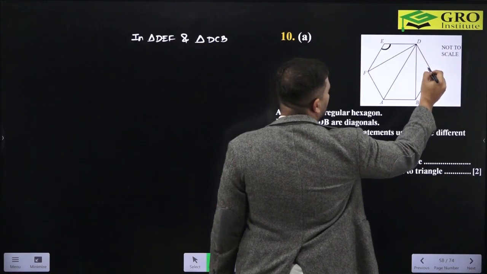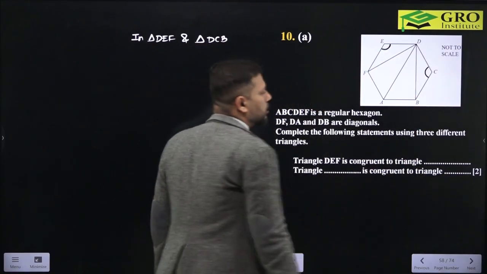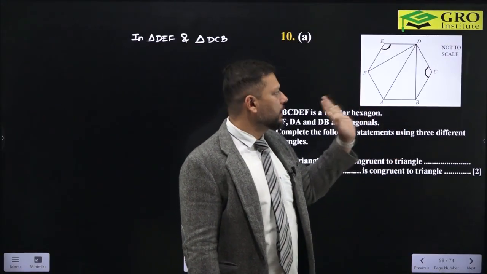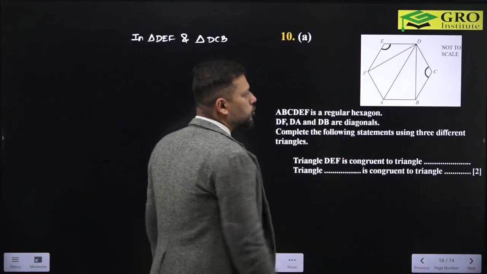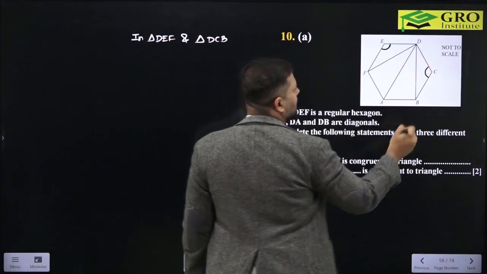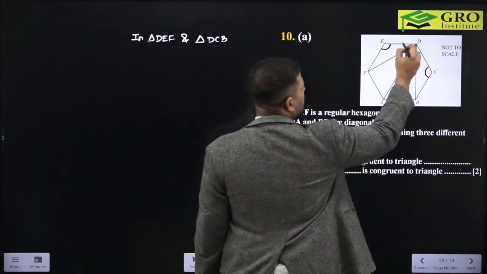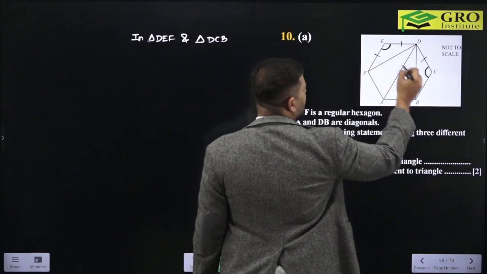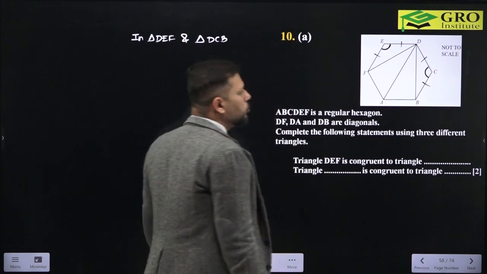That means this angle is definitely equal to this one, isn't it? We know that the regular hexagon will have all the interior angles equal to each other. So angle DEF is definitely equal to angle DCB, and also this side DE is equal to DC, while EF is definitely equal to CB.